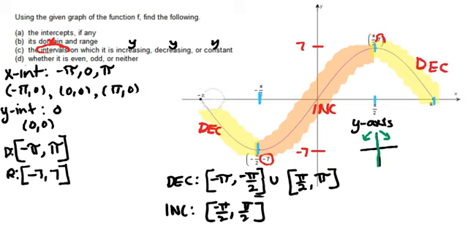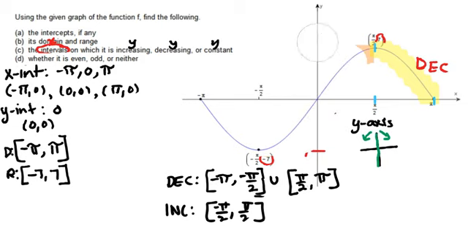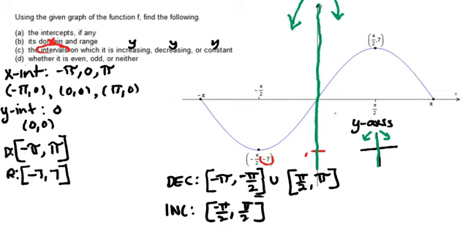So if I erase the markings that we see on this graph and just pay attention to the line, I'm going to look at the y-axis, and I'm going to look to the left and also to the right of the y-axis to see if there's a mirror image. And I can see that there's not a mirror image here.